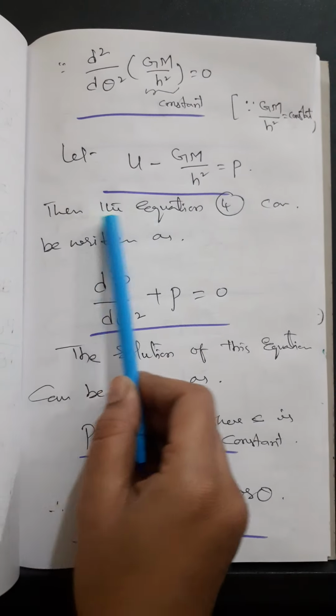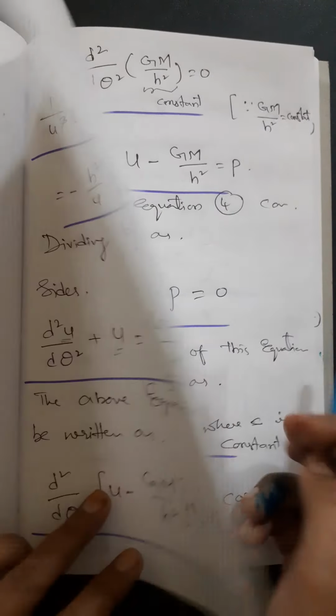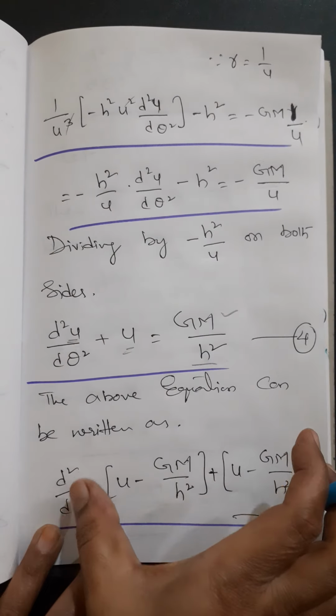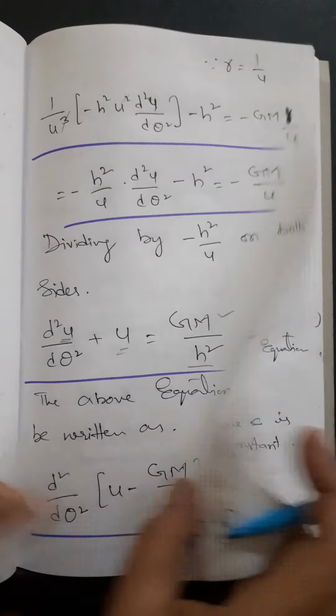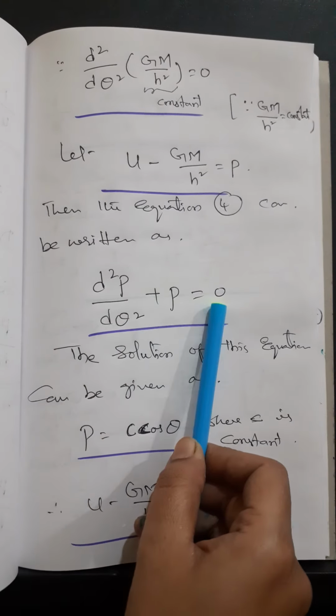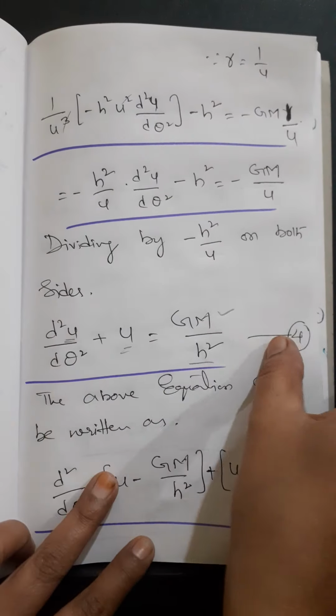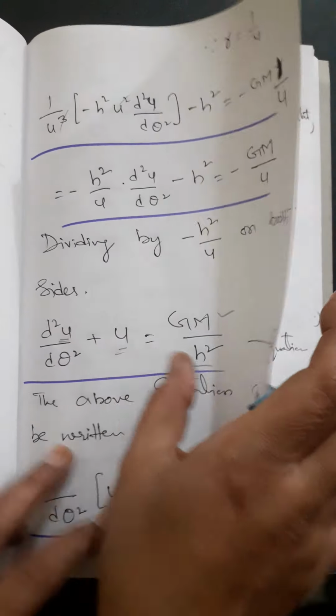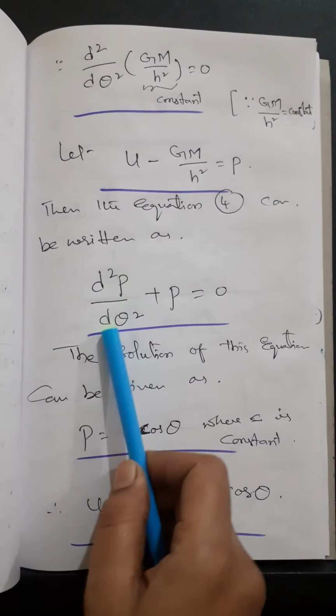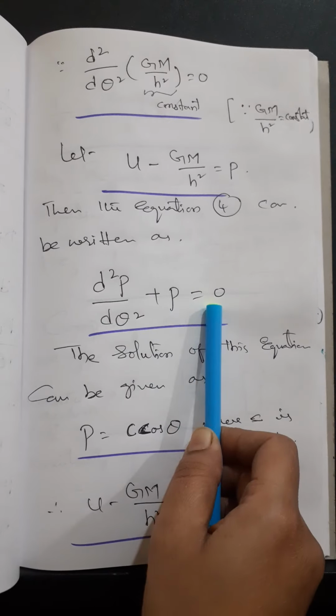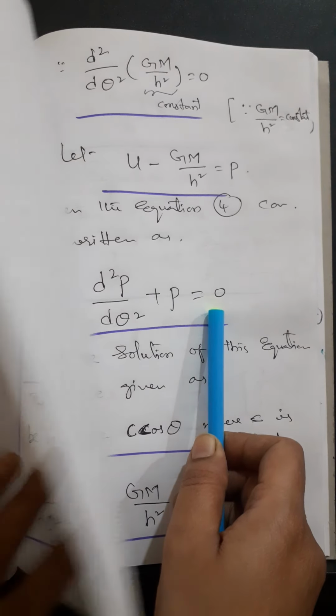So now equation number 4 can be written as d square p by d theta square plus p is equal to 0.